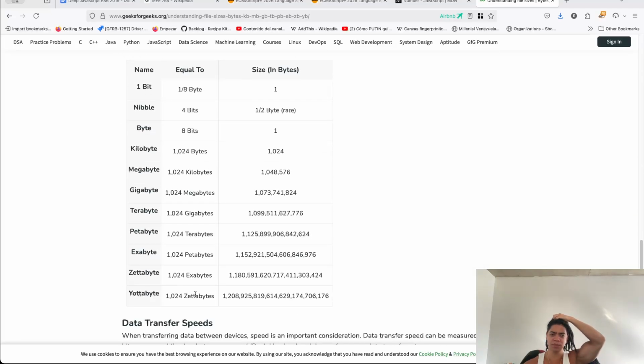I think yottabyte is the biggest one. We reached terabyte, okay? But also there is yottabyte, which is 1024 zettabytes, and zettabyte is 1024 exabytes, and exabyte is 1024 petabytes, and so on and so forth.